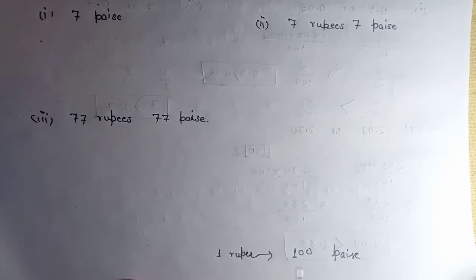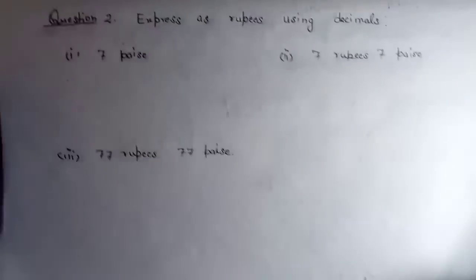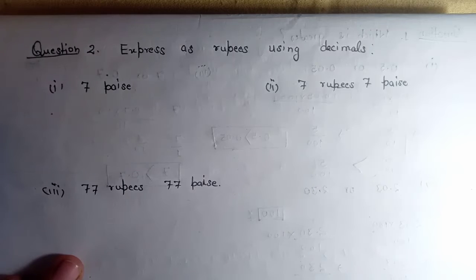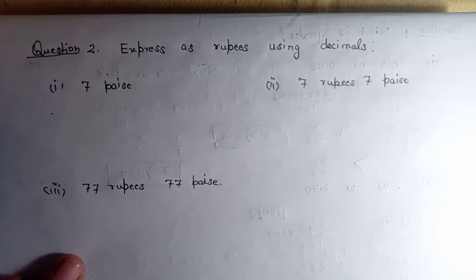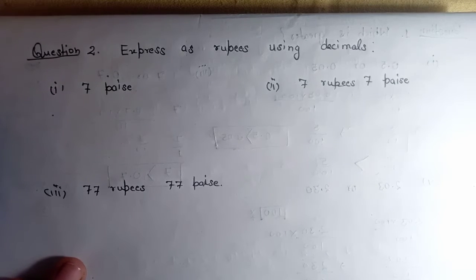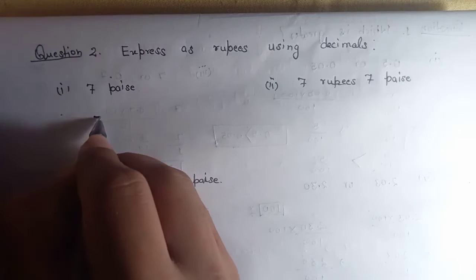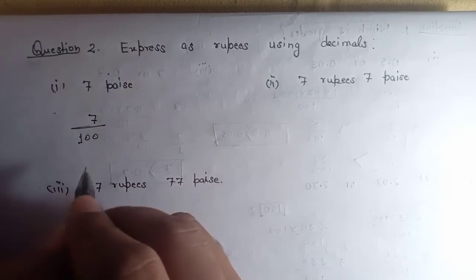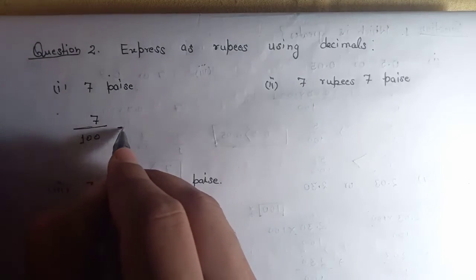The same thing is here. To convert this 7 paise into rupees, we have to divide this 7 by 100. Means out of 100 parts you are selecting 7. So how much fraction is this of a rupee? We have to get that. There are 100 paise in a rupee, so divide this 7 by 100.